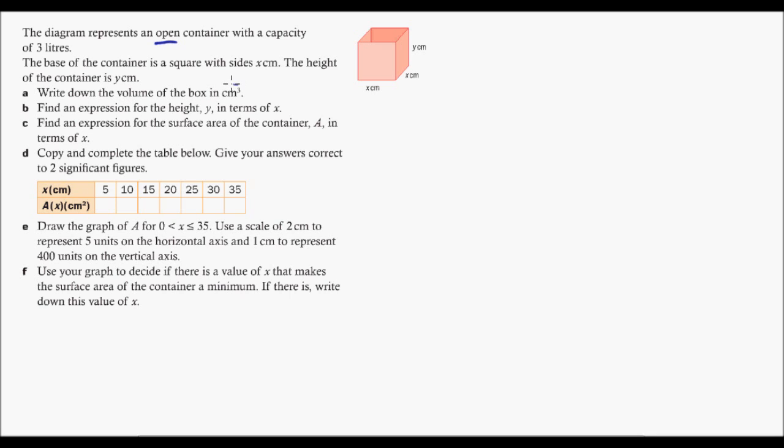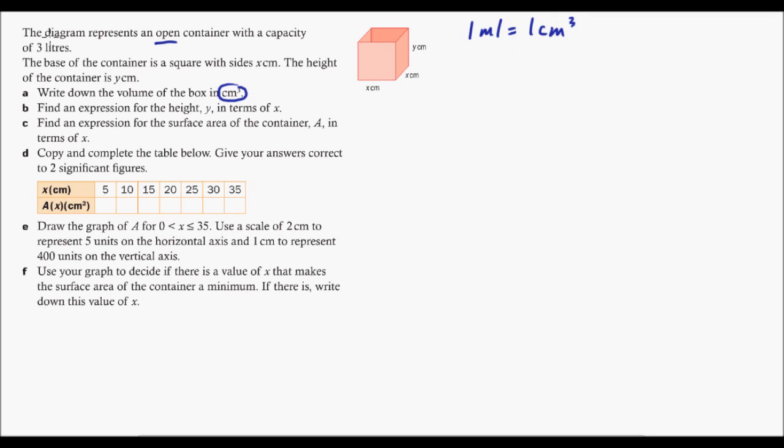This is where they're starting to change things, so they went from liters to centimeters cubed. This is just a conversion you should remember, that 1 milliliter equals 1 centimeter cubed.